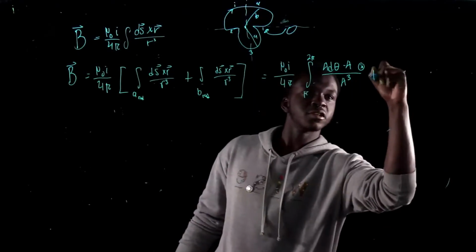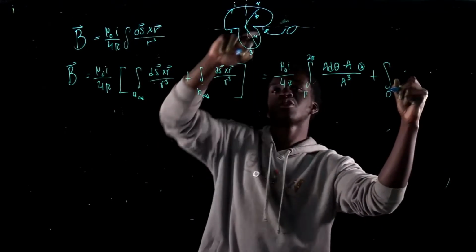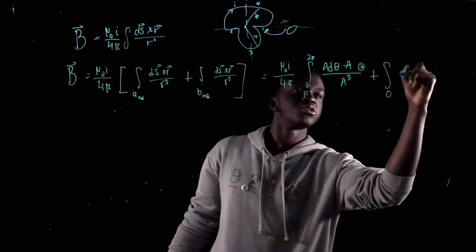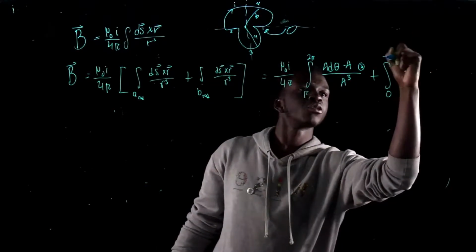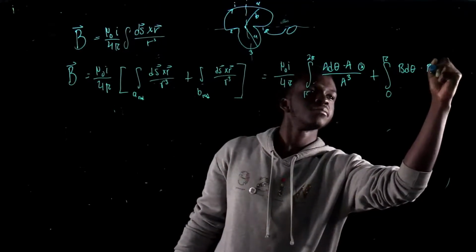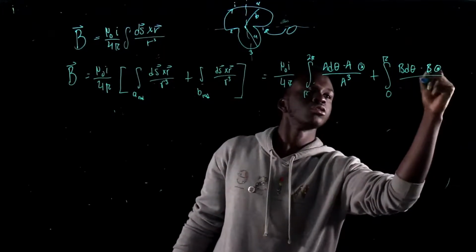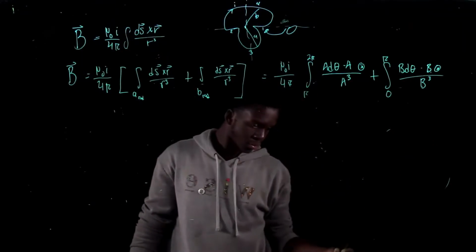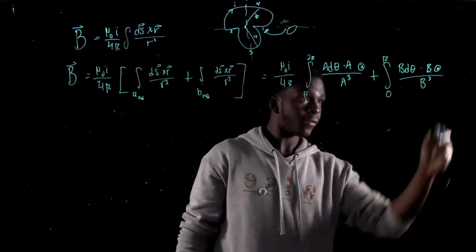And we're adding this from 0 to pi: b d theta times b into the page, all over b cubed. And that should be it right there.